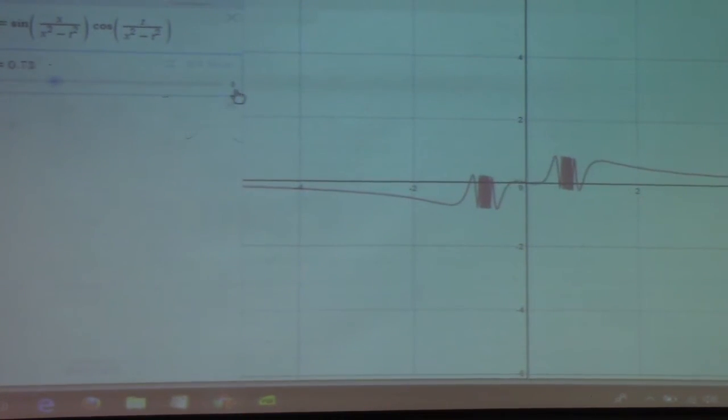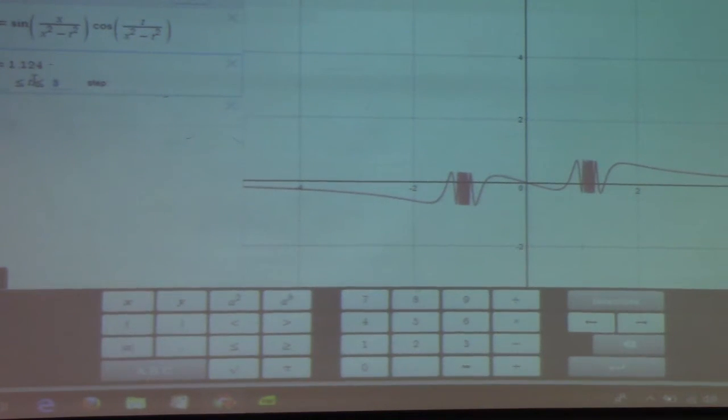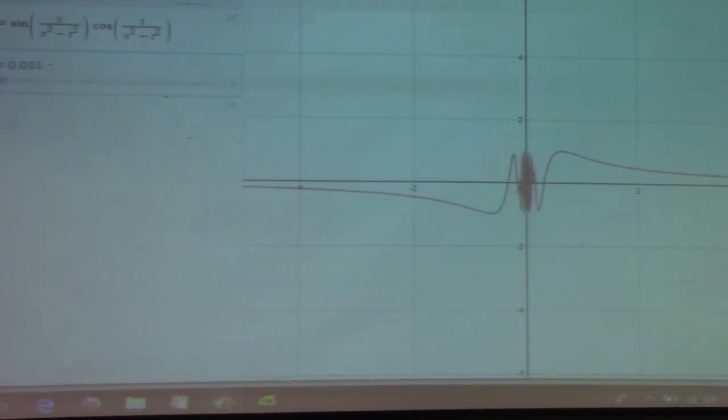How can I tinker with this? There we go. What is that?